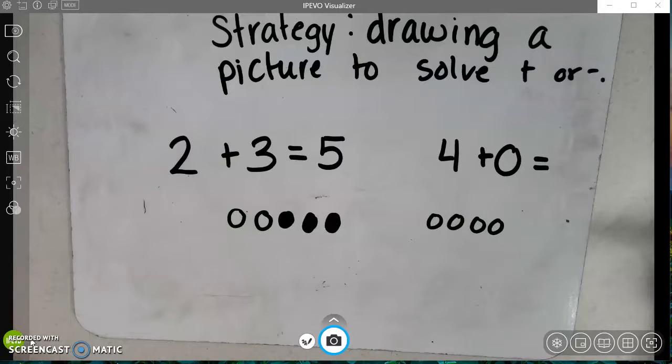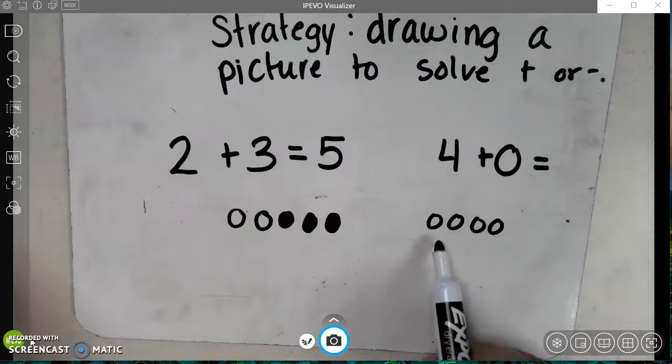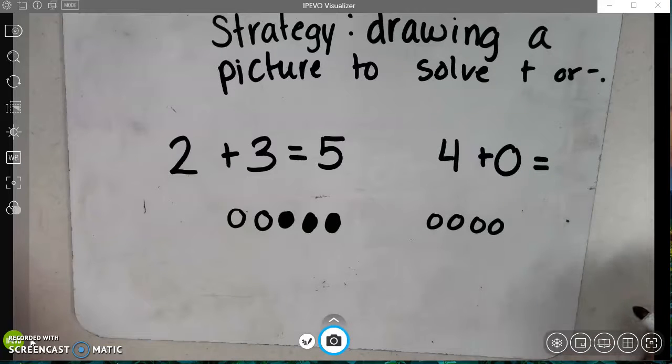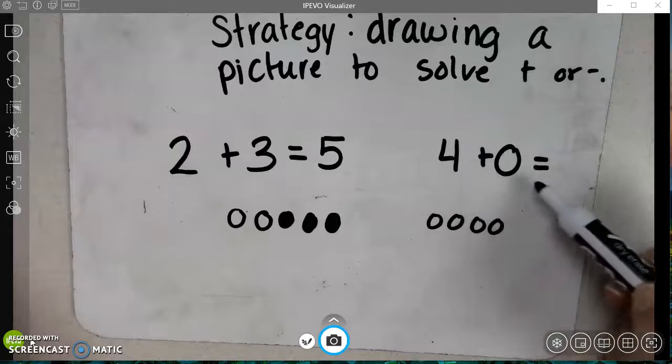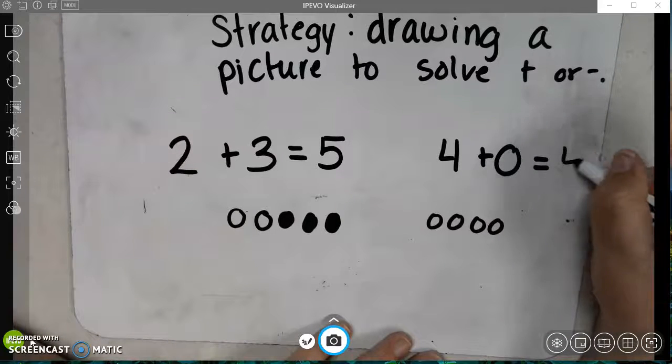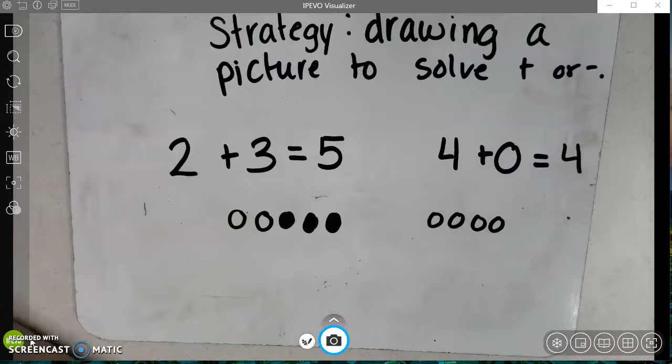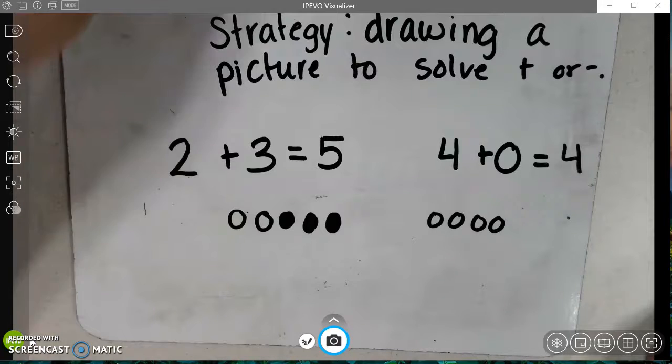Do I need to draw any circles if I'm adding 0? No. I add 0 circles, so I don't add any circles. So how many circles do I have? I have 4 circles. 4 plus 0 equals 4. Great job.